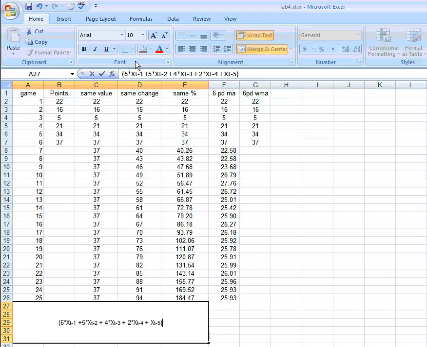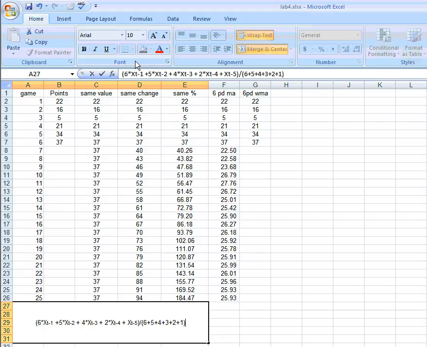So here's our summation, but we've got weights. The weights are 6, 5, 4, 3, 2, 1. Since it's a weighted average, we have to divide by the sum of the weights. So divide by 6 plus 5 plus 4 plus 3 plus 2 plus 1. This is the formula.